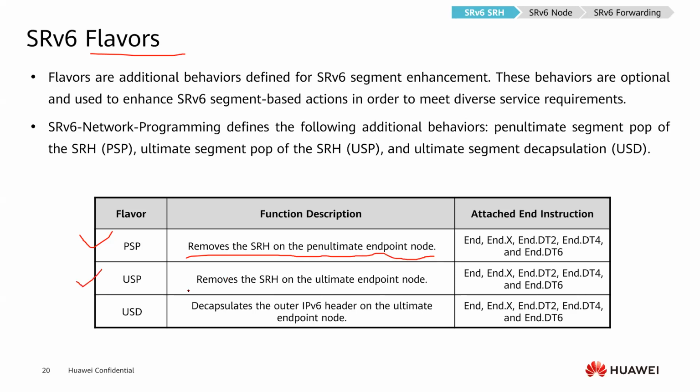USP removes the SRH on the ultimate endpoint node. USD decapsulates the outer IPv6 header on the ultimate endpoint node. About these flavors, later when we talk about SRv6 forwarding, you will see this again.